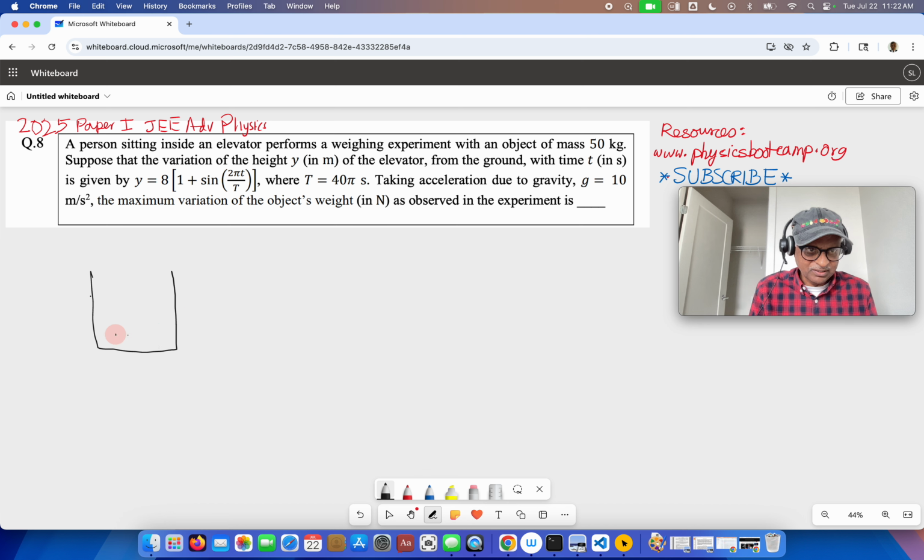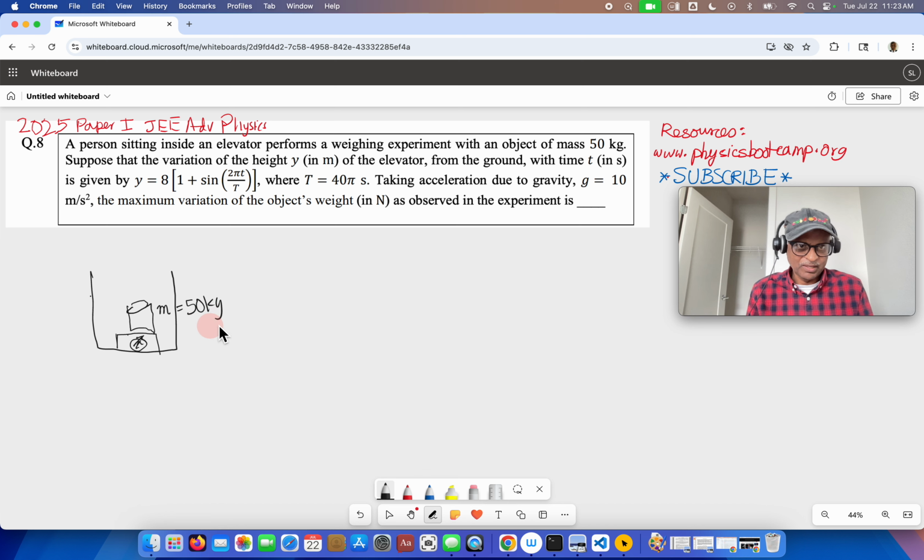So here is a scale, and he's gonna weigh on that scale, some indicator on the scale, and he's gonna put a block on it, and this mass is 50 kilogram.